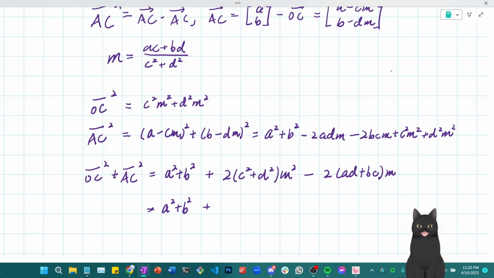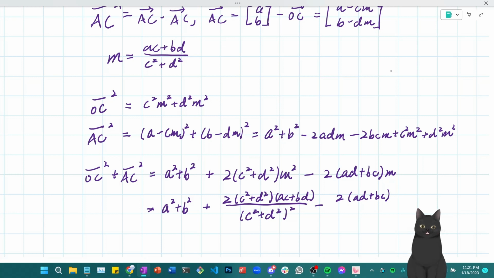So M is equal to AC plus BD over C squared plus D squared. Let me write out the FOILed out expression first, and then explain how we go about simplifying the fraction, C squared plus D squared.